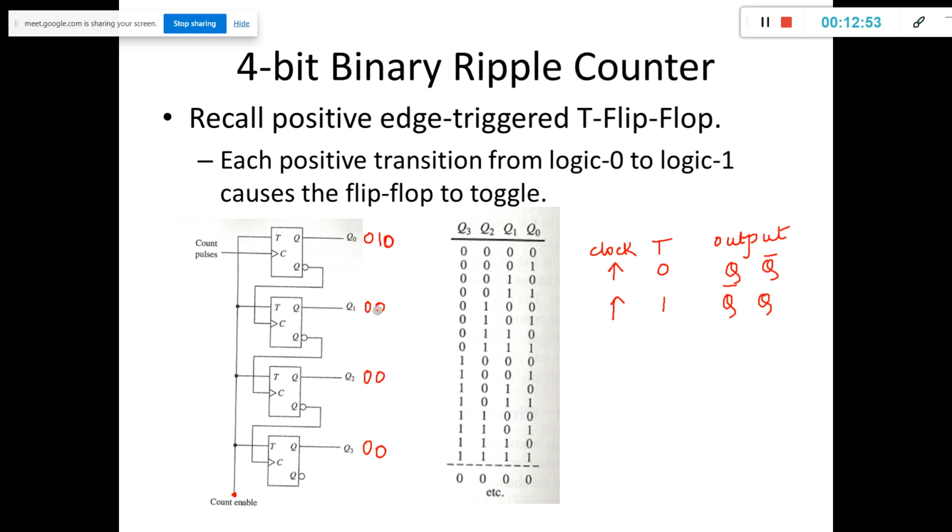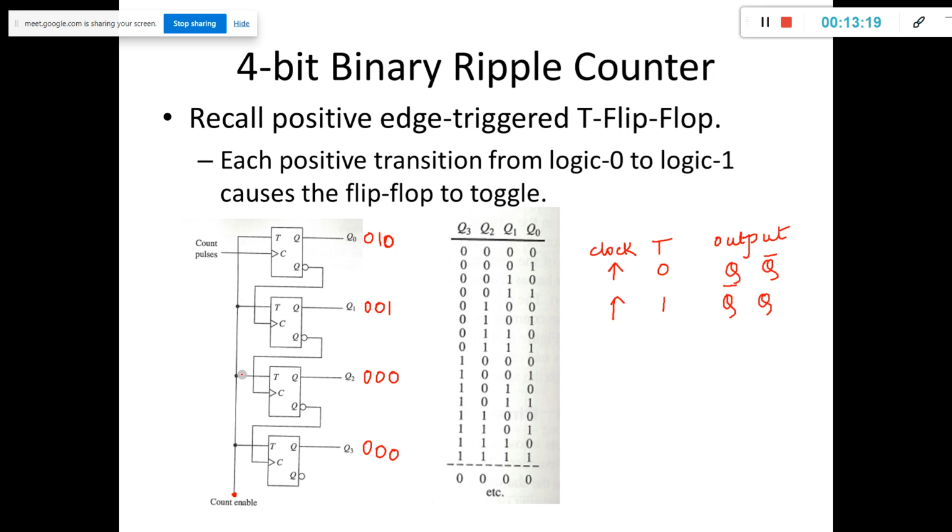So 1 means it should toggle. So this becomes 1, whereas this becomes 0. So this 0 is applied as a clock to this, isn't it? So this will not be affected. If this is not affected, this will not be affected either. It will retain the earlier state only, okay. This was also 0, this was also 0, okay.